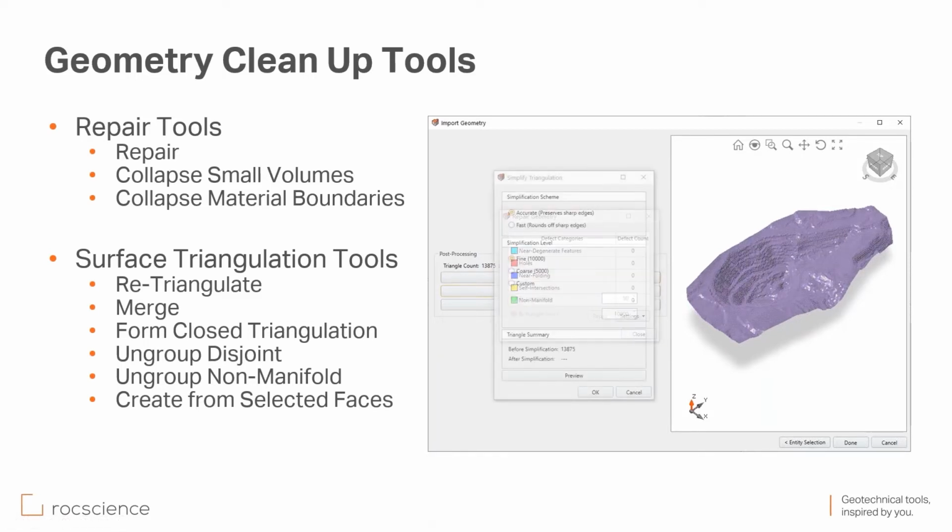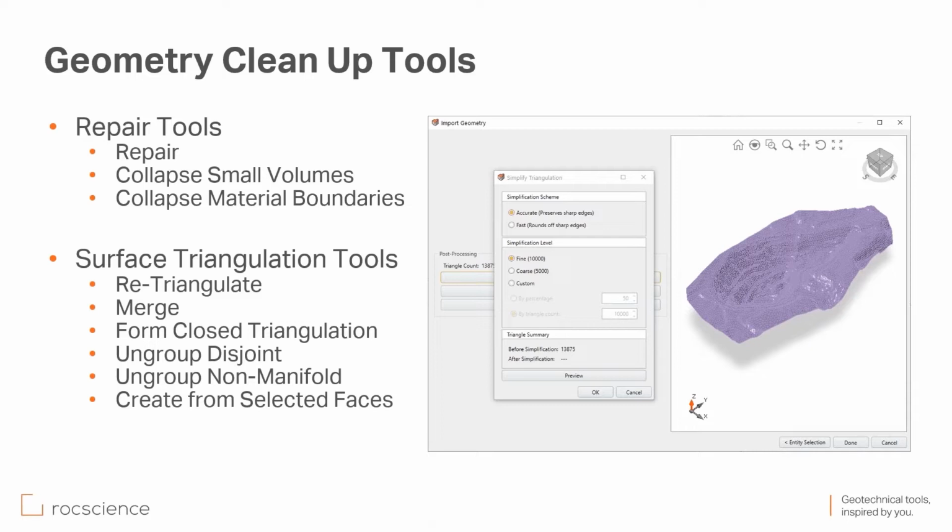As I mentioned, these surfaces are all triangulated surfaces. You can see here that these are surface triangulations. You have to keep in mind that we have seen a lot of surfaces from our customers where the triangulation is very dense, and if we try to create a geometry using a very dense triangulation, first of all, the computation is going to be very extensive, and also the chance to have a bad volumetric mesh is going to be higher.